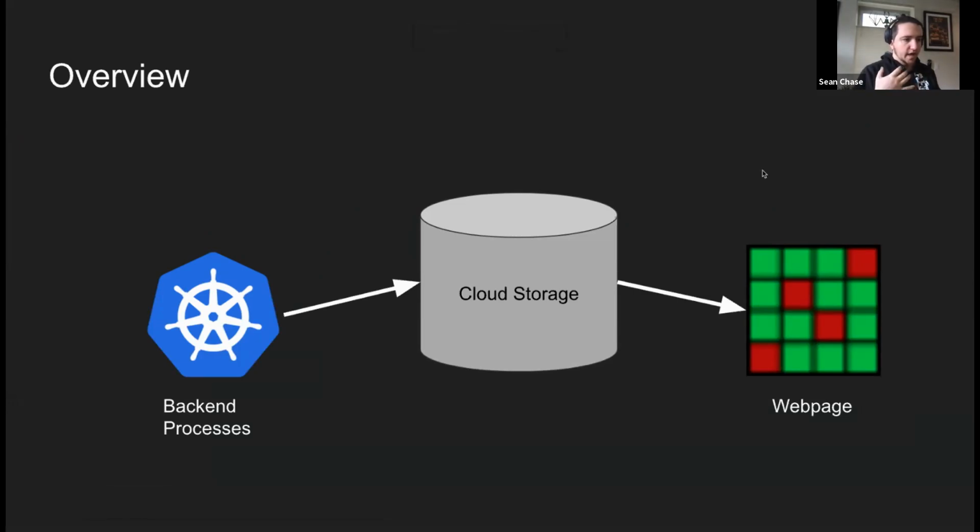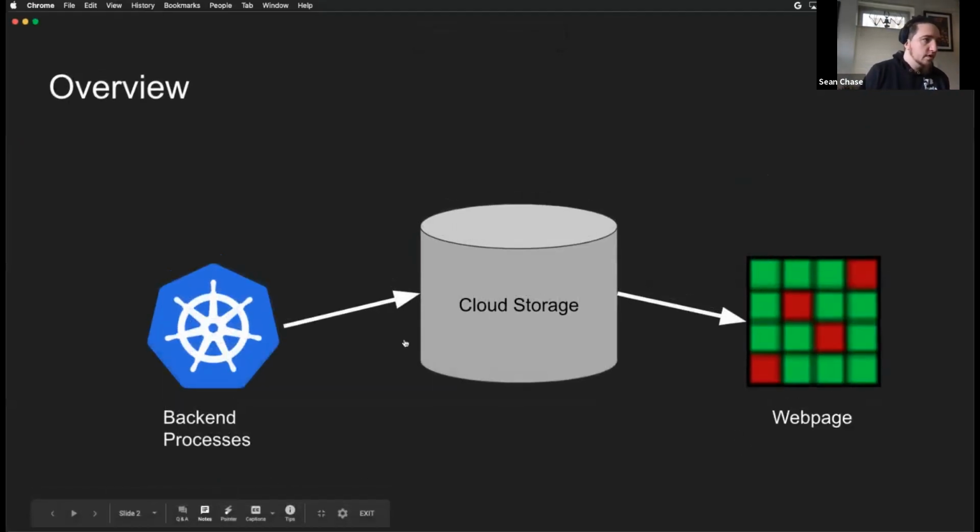Test grid has kind of two halves, a front end and a back end. The back end is, to be simple, a number of Kubernetes processes that are updating state and information in cloud storage, and the front end reads that cloud information to display what you see.